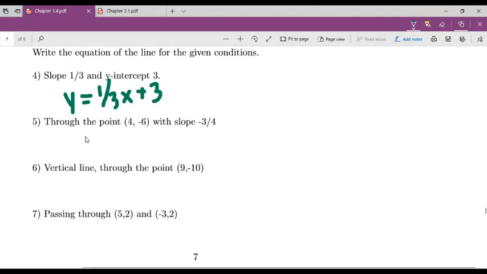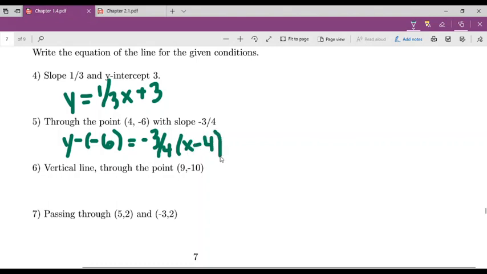Now this one says through the point with slope. So let's use point slope. Y minus y1, so y minus a -6 equals the slope here, which is -3/4, times x minus x1, which is your 4.